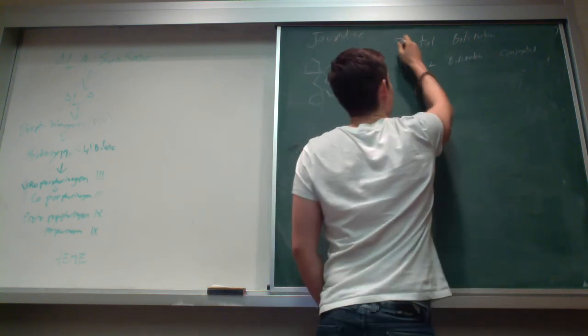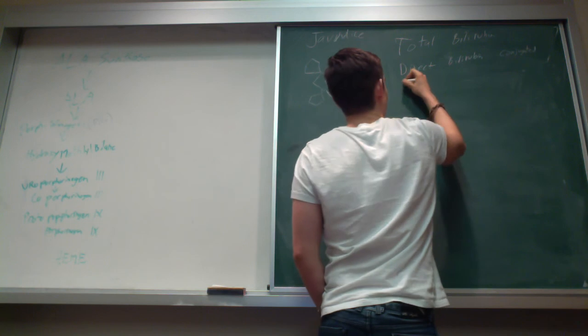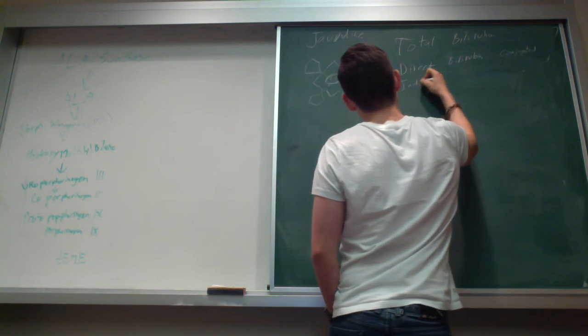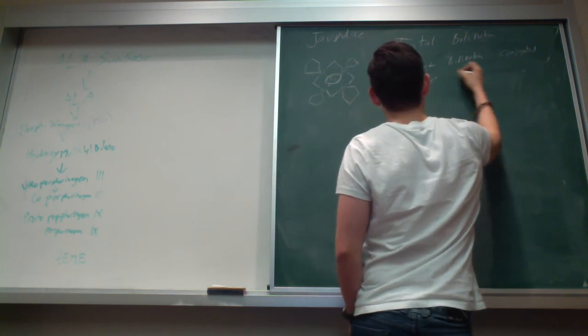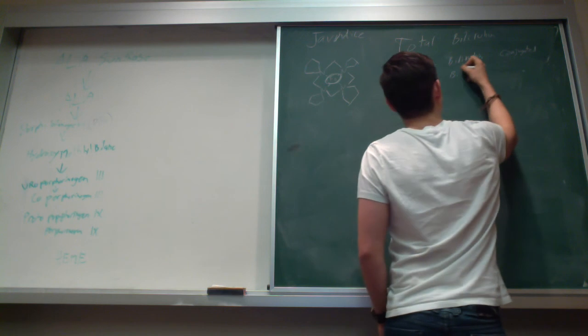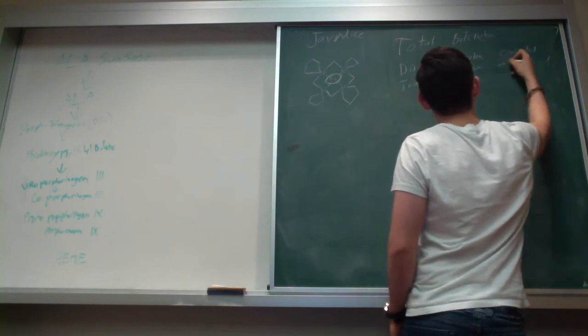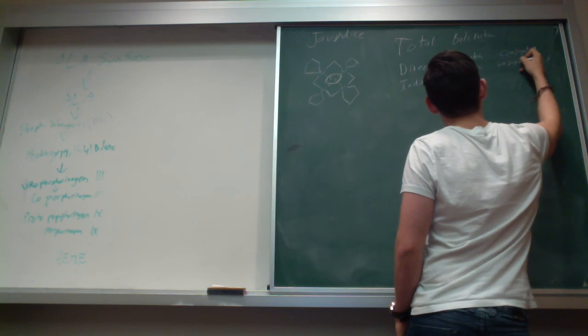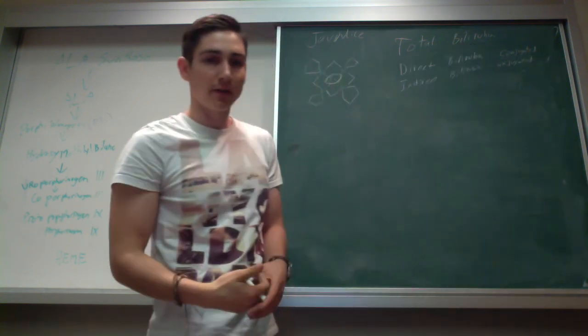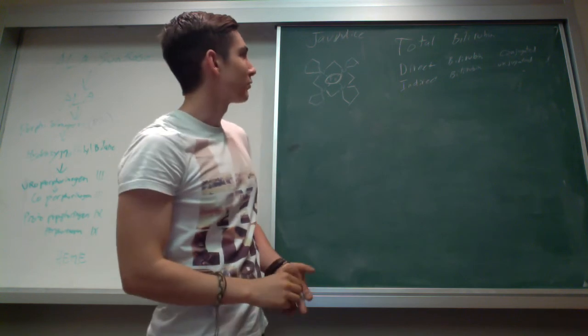Total bilirubin tests for both direct and indirect bilirubin, which is unconjugated bilirubin. Depending on the levels that you see, you can determine what kind of cause this disease will be.